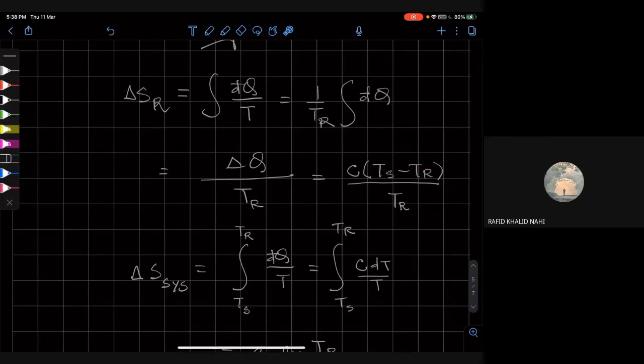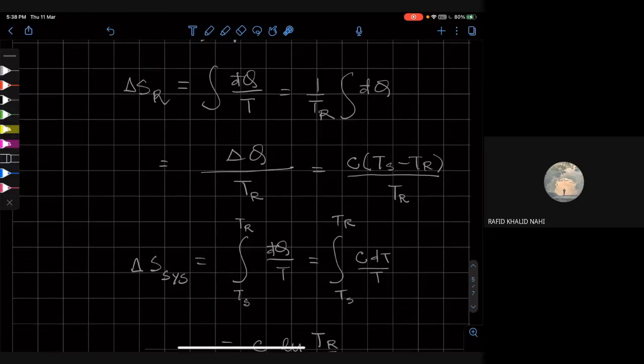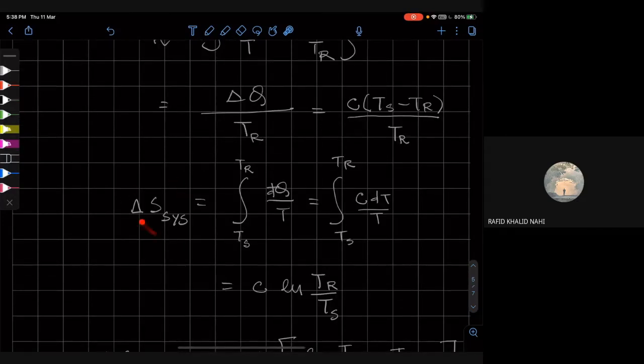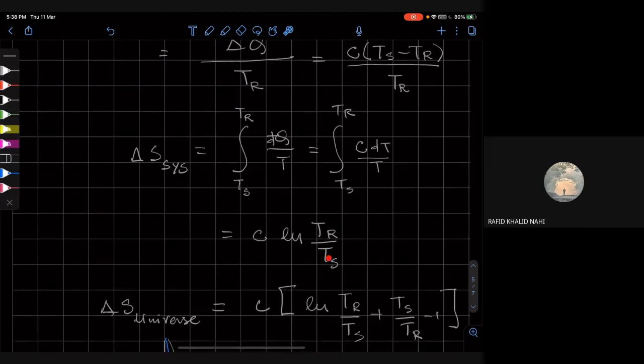And the change in the entropy of the system can also be either positive or negative, because this log can be either positive or negative depending on whether the temperature of the reservoir is greater than the temperature of the system or vice versa.